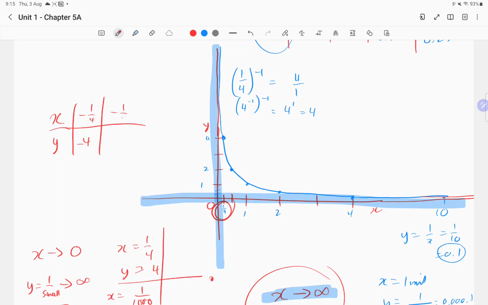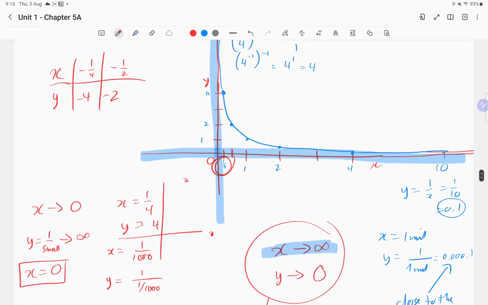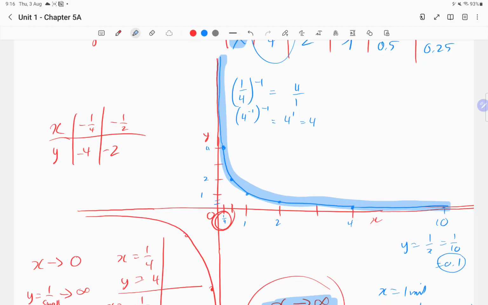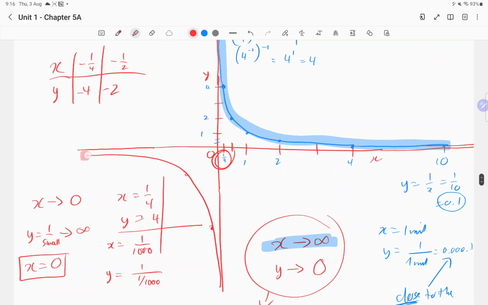And when x is negative 1/2, y would be negative 2, which is around here. So the shape in the negative x region would be almost the same, but it's just in this other quadrant. So in the positive x direction, the shape of the graph will look something like this, and in the negative direction, it will look something like this.